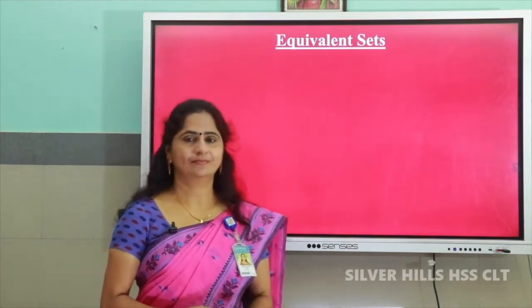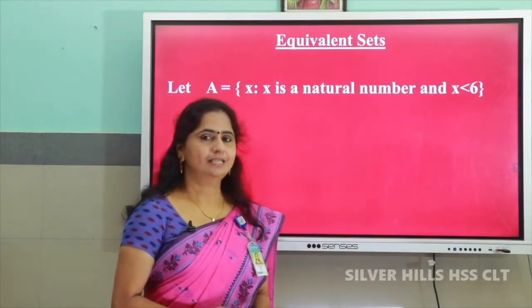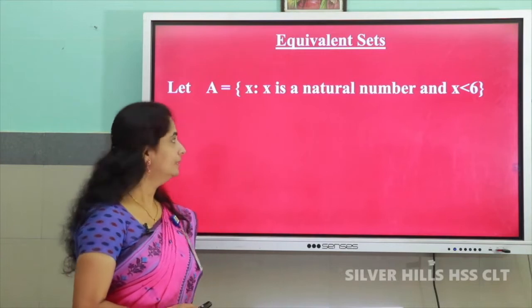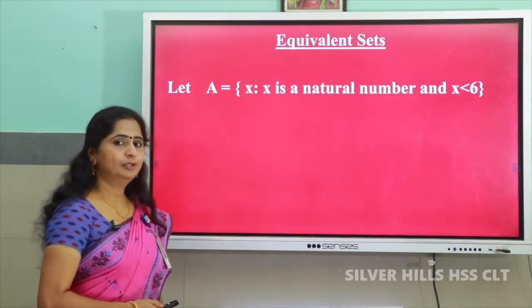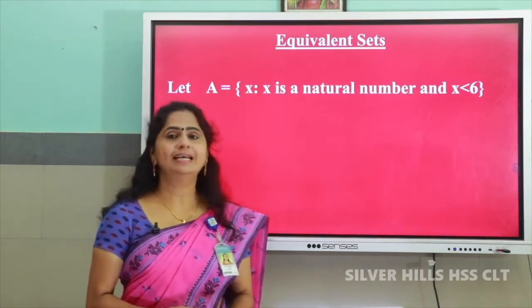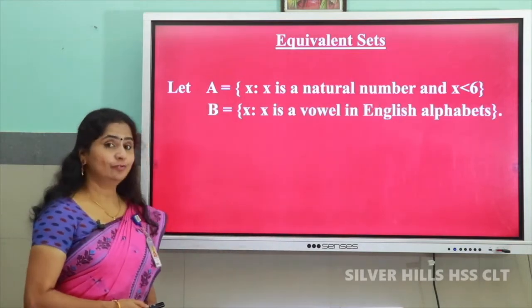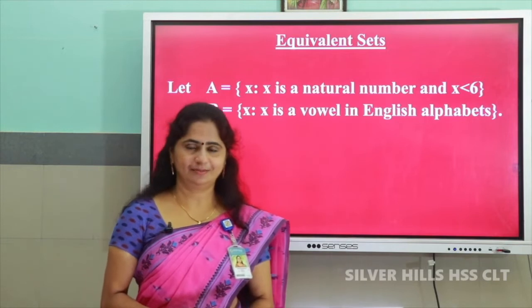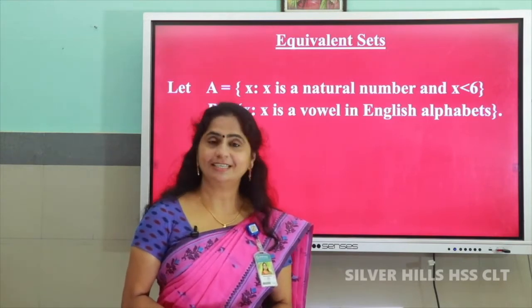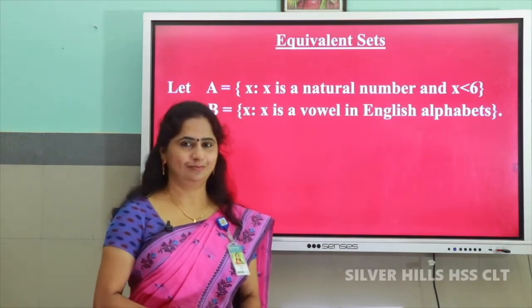Equivalent sets. Let's see this through an example. Let A be the set of natural numbers less than 6 and B the set of vowels in English alphabets. Let's write the sets A and B in the roster form.